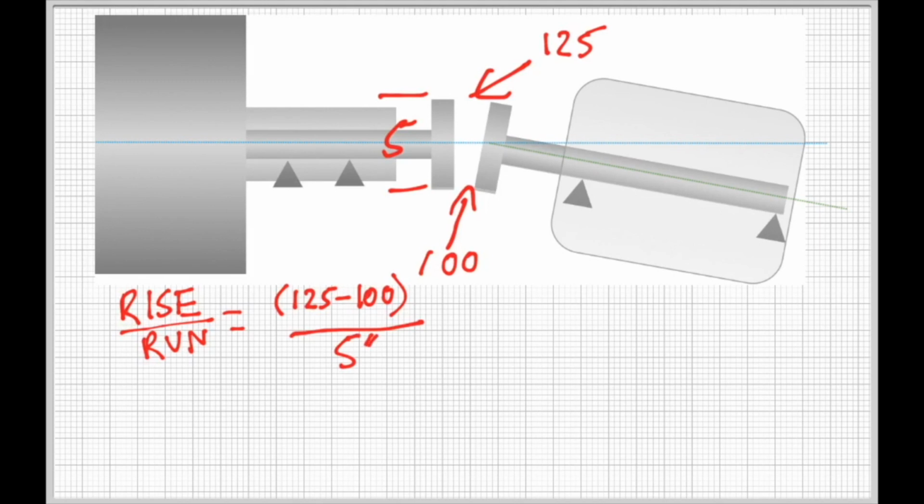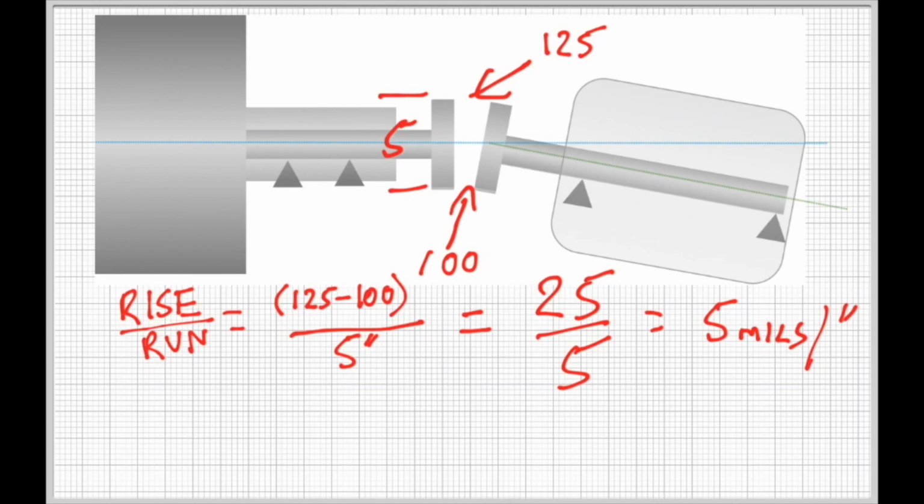And when I do the math, that equals 25 divided by 5, which equals 5 mils per inch, or whatever the units are that you're using. That means that for every 1 inch I go this way, I come down 5 mils in this particular example.